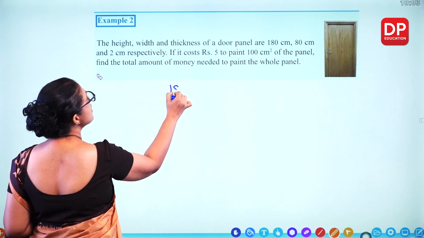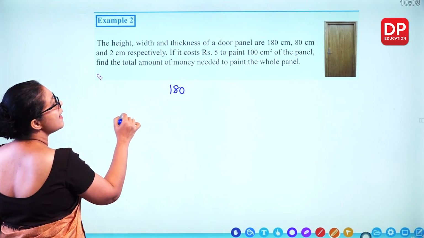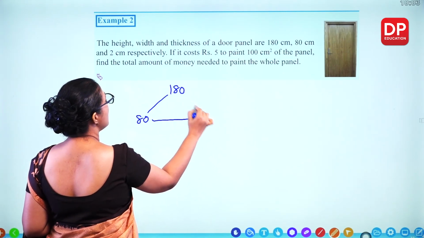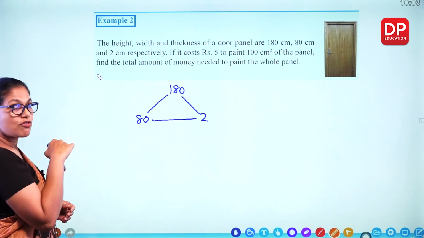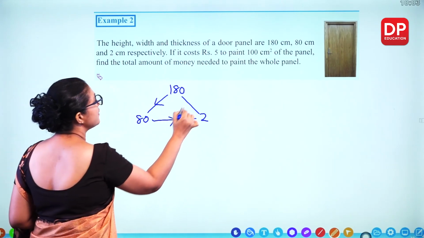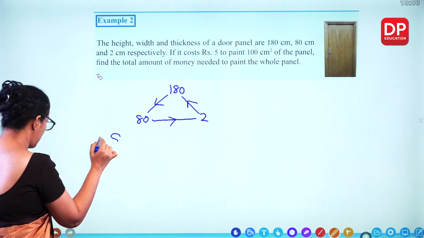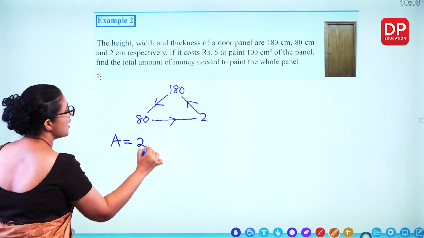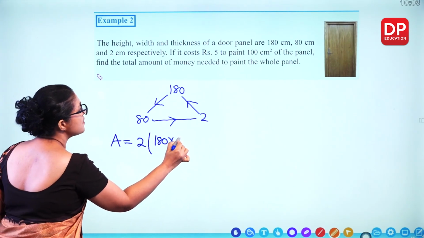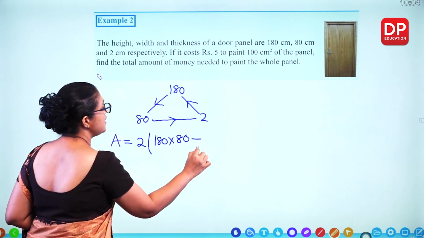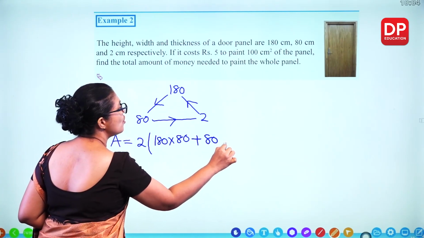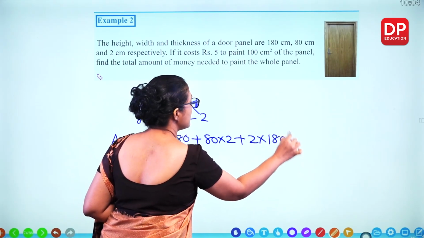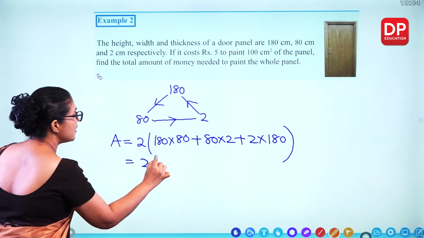You write down length, width and height in a triangle like this, and we multiply. What's the area? So surface area is equal to 2 times 180 times 80, plus 80 times 2 plus 2 times 180. Now multiply.